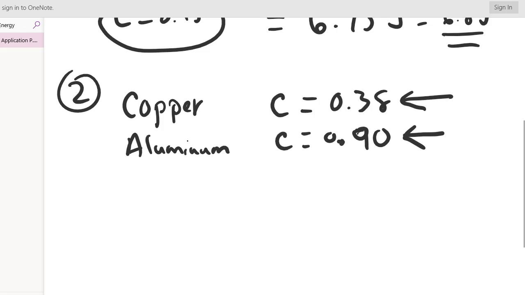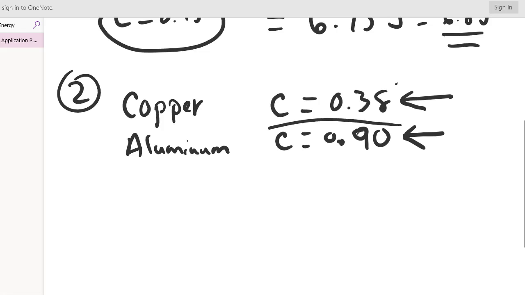And so more energy is needed to raise the temperature of aluminum. So every time you want to raise it 1 degree, if you have 1 gram, you would have to use 0.90 joules. But if you had 1 gram of copper and you want to raise it 1 degree, you have to just use 0.38 joules.